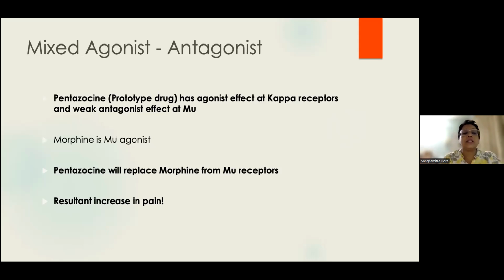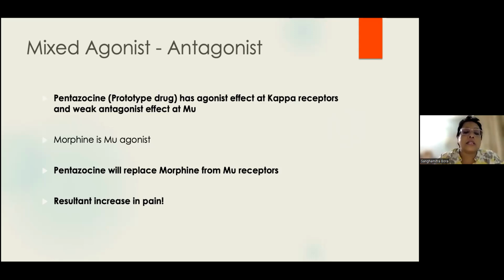So there's something called the mixed agonist antagonist also, where drugs like pentazocine have an agonist effect at the kappa receptors, and a weak antagonist effect at mu receptors.